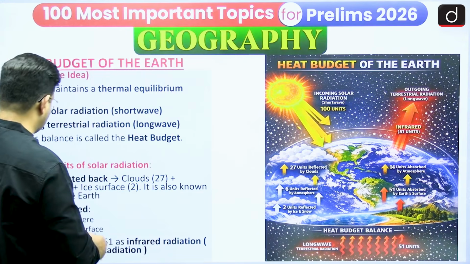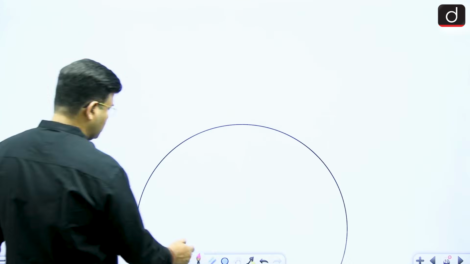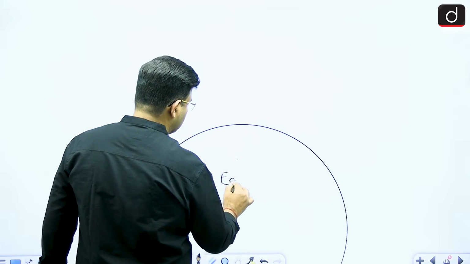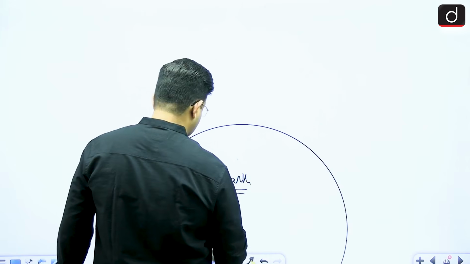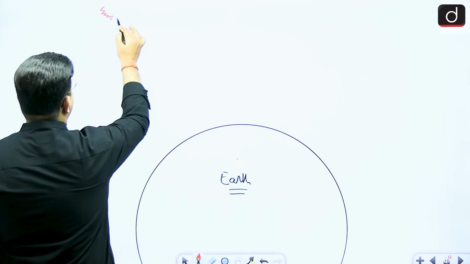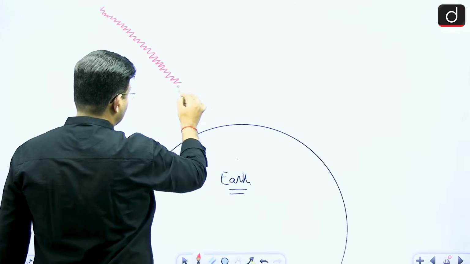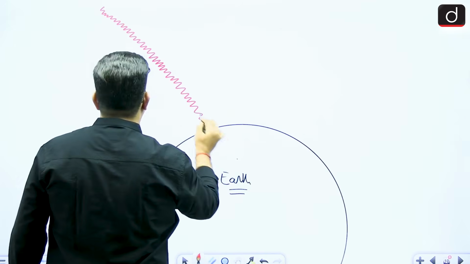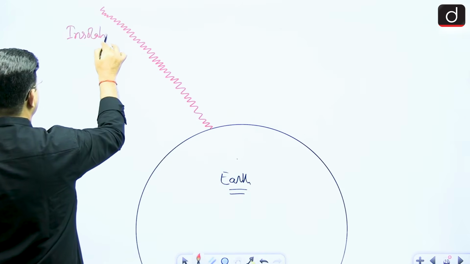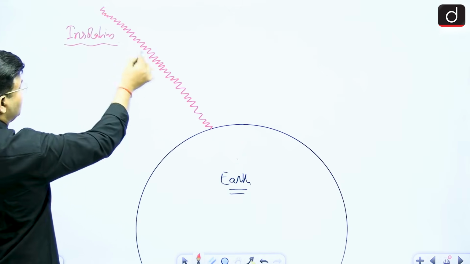If I am talking about the heat budget, suppose this is our earth surface, and the sun rays are coming. This is insolation, incoming solar radiation, and its frequency is very high.